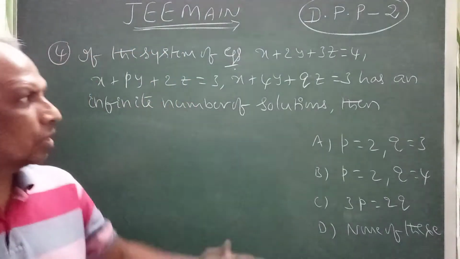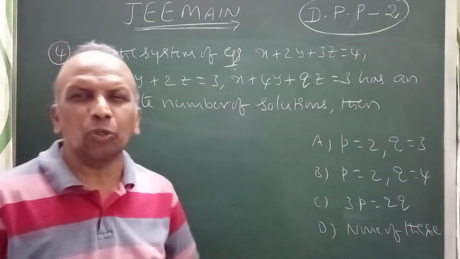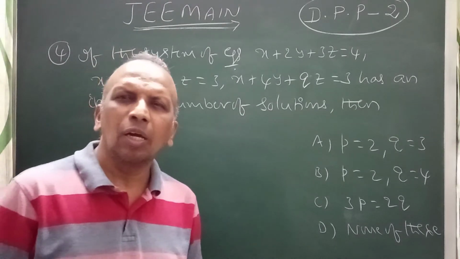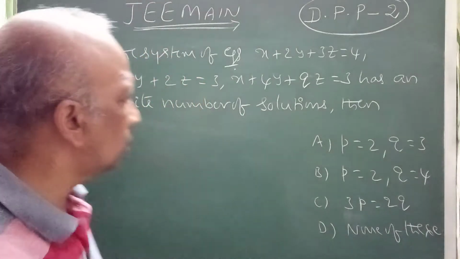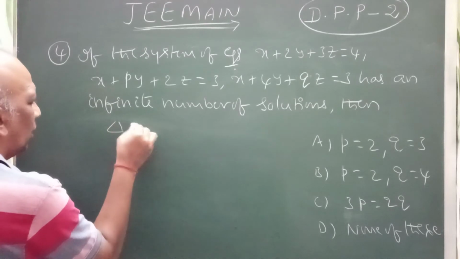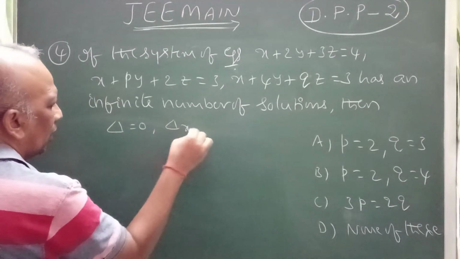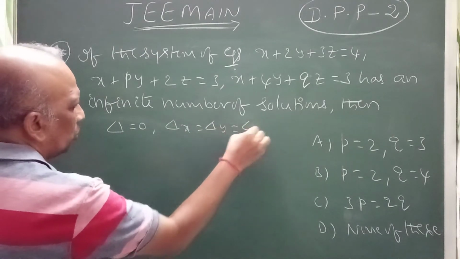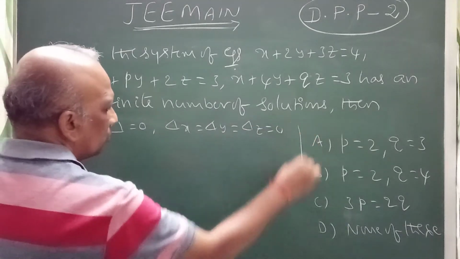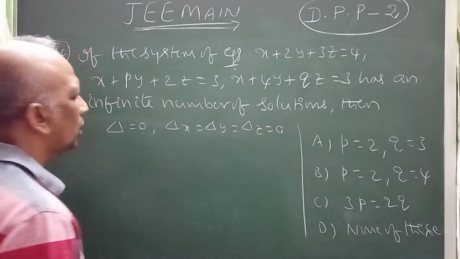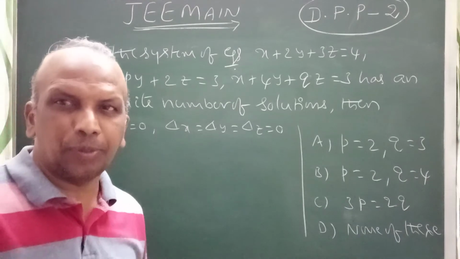Now here, the system of equations has infinite solutions. This is non-homogeneous. When it has infinite solutions, always remember delta should be 0, and delta x equal to delta y equal to delta z equal to 0. All these are the conditions to get infinite solutions.